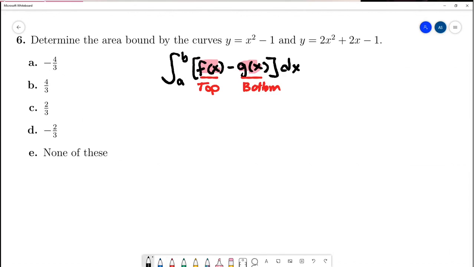y equals x squared minus 1 is straightforward to graph. A little bit harder to graph is y equals 2x squared plus 2x minus 1. I'm going to rewrite this in vertex form by factoring out a 2. I can complete the square.